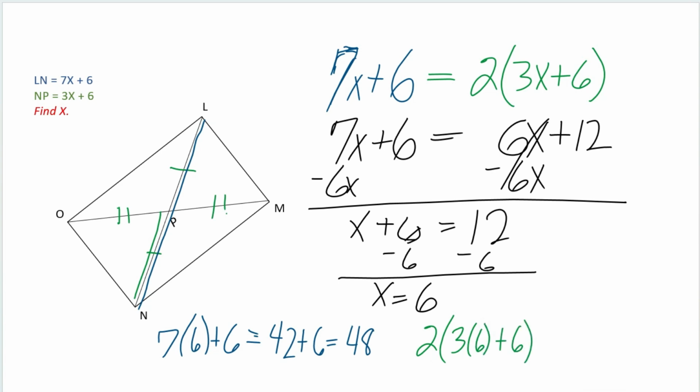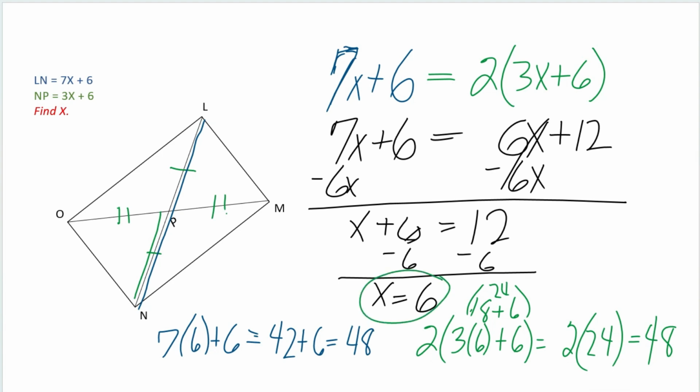What does that equal? We solve inside our parentheses first, which equals 24, and then we multiply that by 2. So we have 2 times 24, which is the same thing as 48. So the answer to the question, again, x is equal to 6, and then we checked it by plugging it in, and they are equivalent.